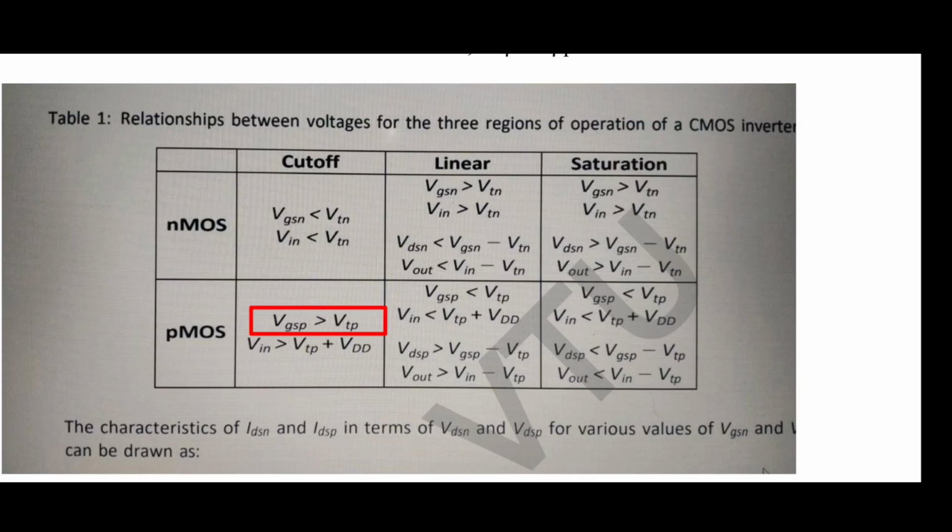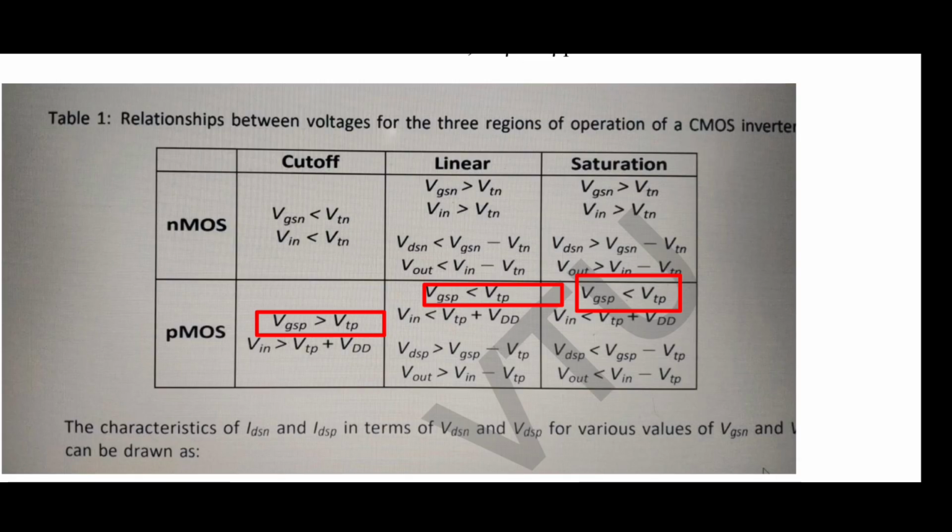VGSP is greater than VTP. In the cutoff region, in the linear region also, in the saturation region also, the sign will be reversed. Whatever the NMOS has, it will be opposite for the PMOS.